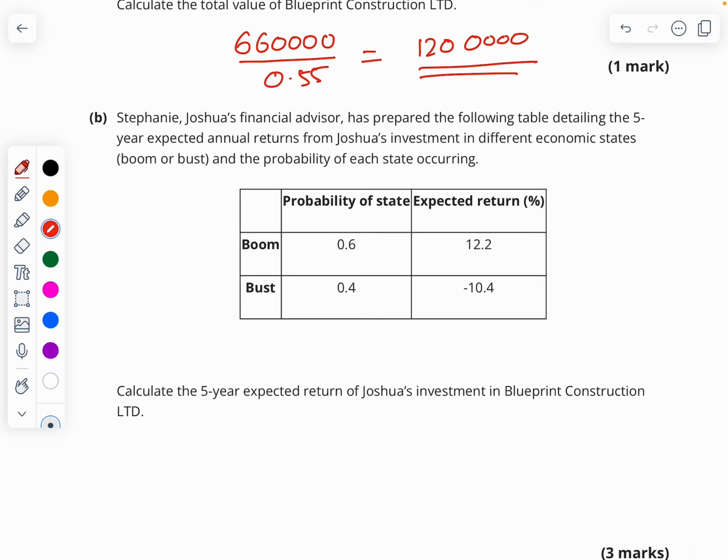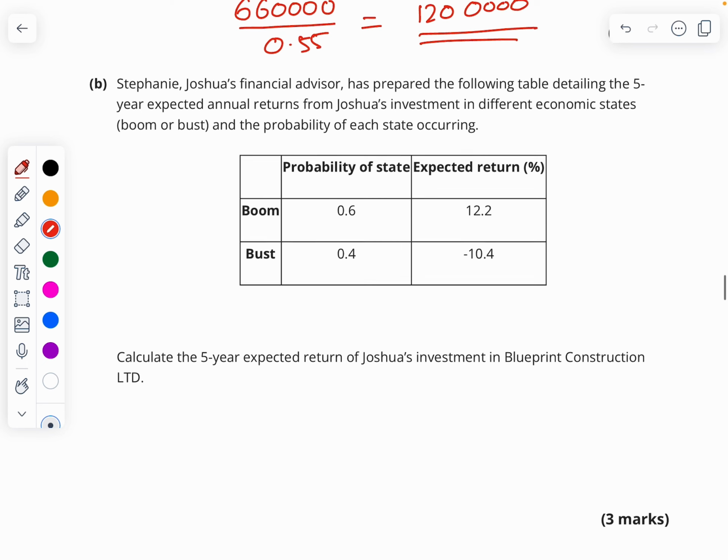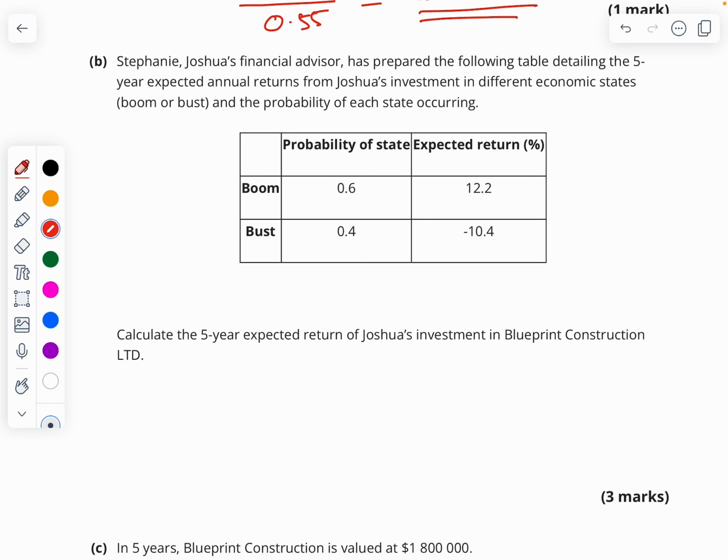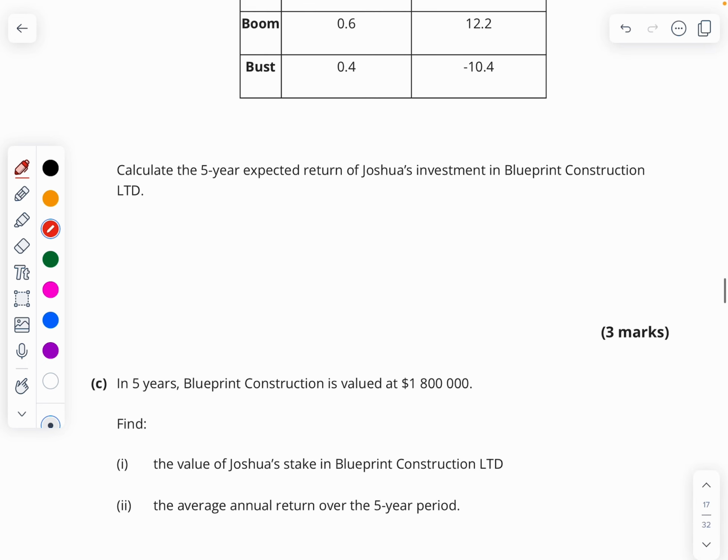Then Stephanie, Joshua's financial advisor, has prepared the following table detailing the 5-year expected annual returns from Joshua's investment in different economic states, boom or bust, and the probability of each occurring. Calculate the 5-year expected return for Joshua's investment in Blue Construction Company.